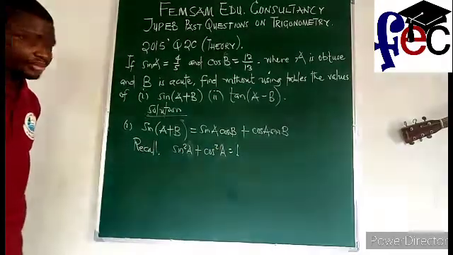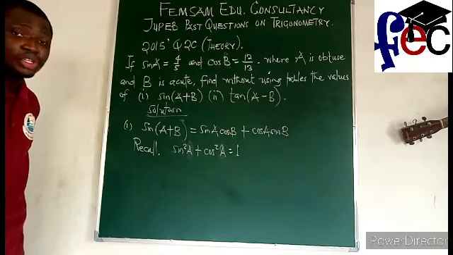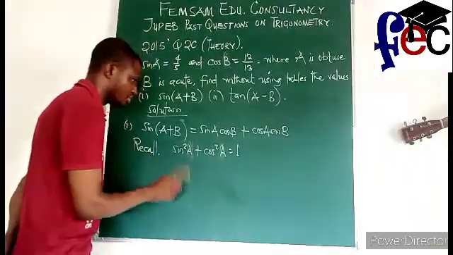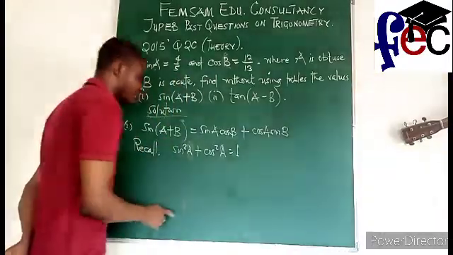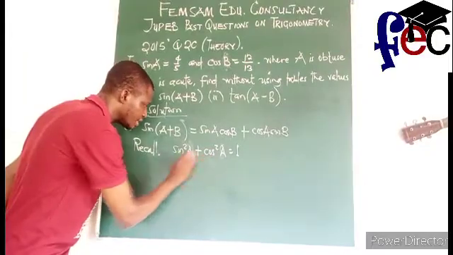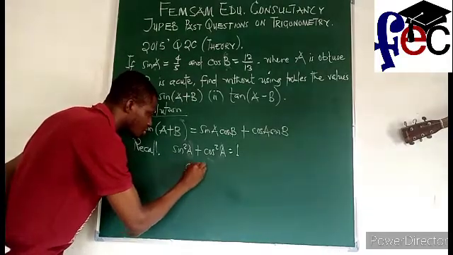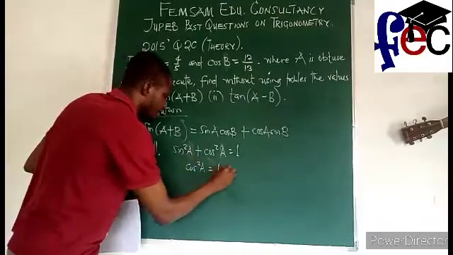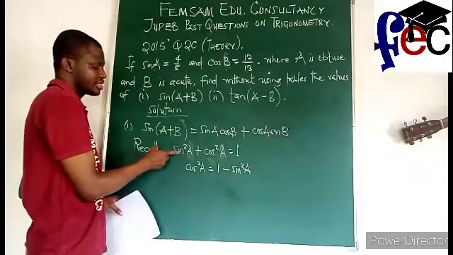I will still get the same thing, because it's an identity, this equation will be true for any value of A. I already know sine A, but I don't know sine B, and I also know cos B, but I don't know cos A. So from here, I can say that cos square A is the same thing as 1 minus sine square A. That's if you subtract sine square A from both sides.